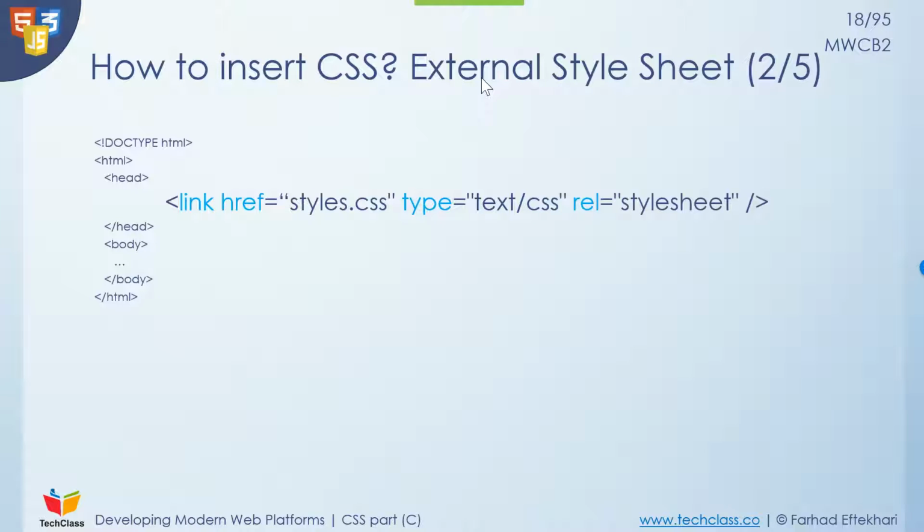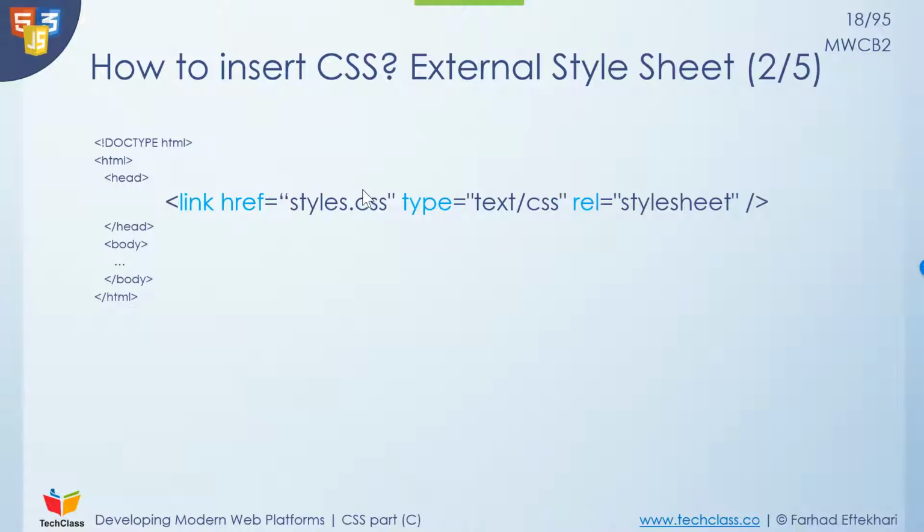Here, as external style sheet, you can see that we place this CSS file here inside of our head tag, because we already know in the previous part of the course that head tag is the first part of the page that is being loaded in our browsers. So here is the place that we want to load our style files, because first we want to load our style files and then show and render the rest of the page in the browser as well.